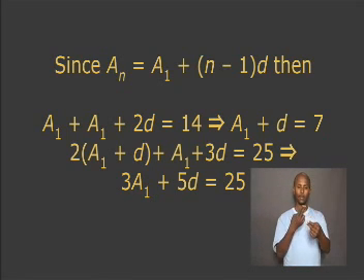A2 plus A4 is A1 plus D plus A1 plus 3D equals 25, which we can express as 2 times A1 plus 2D... equals 25.